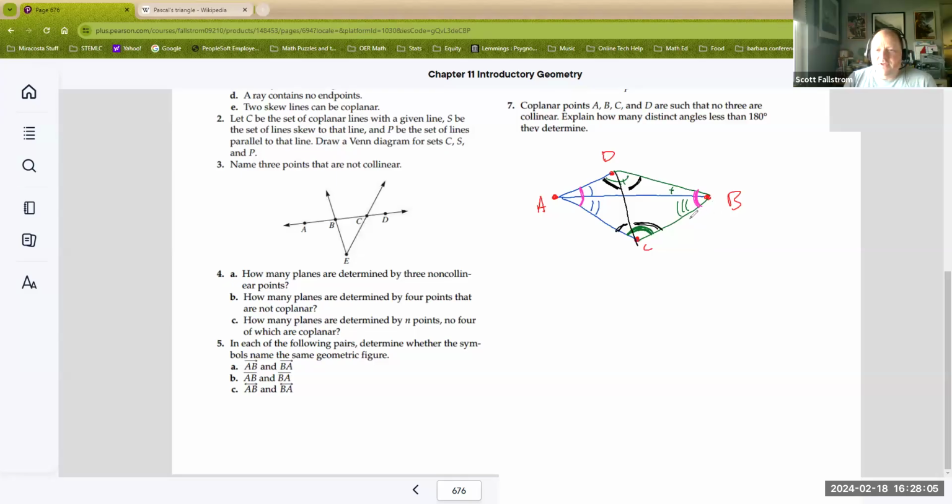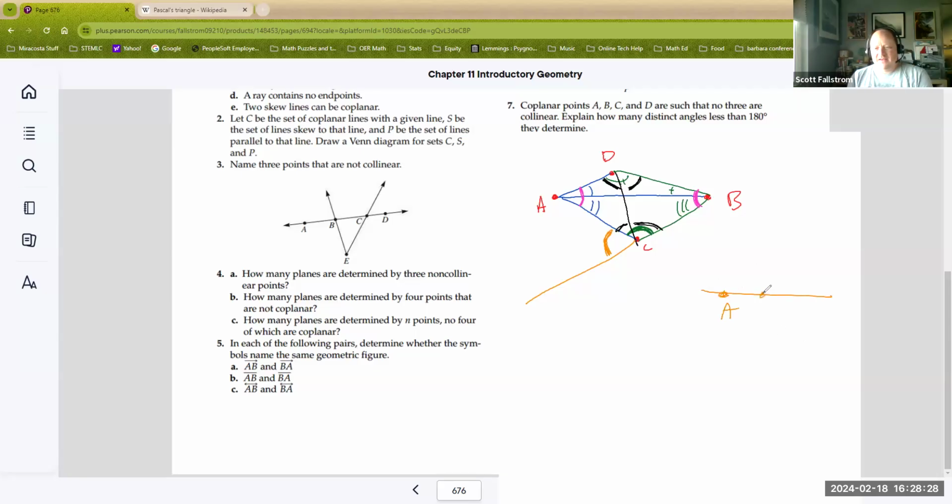So these are how many distinct angles less than 180 degrees. Now this depends on you, I guess, because we really could extend this line out and create an angle out here that would be less than 180 degrees. But in order to name it, I could not name it using the letters. This is like what happened in class where we had that line segment.